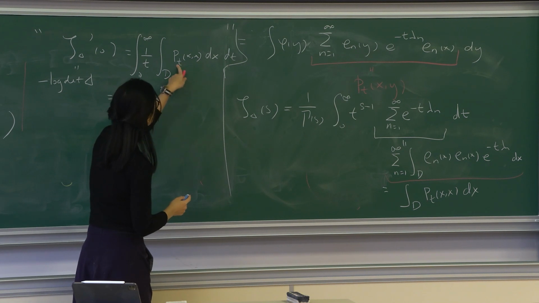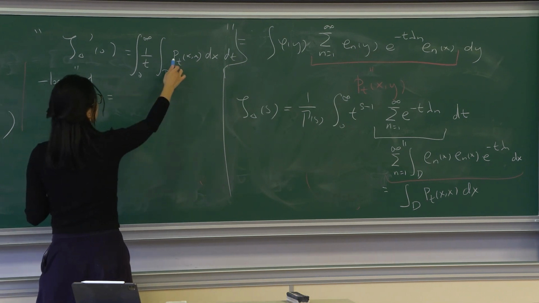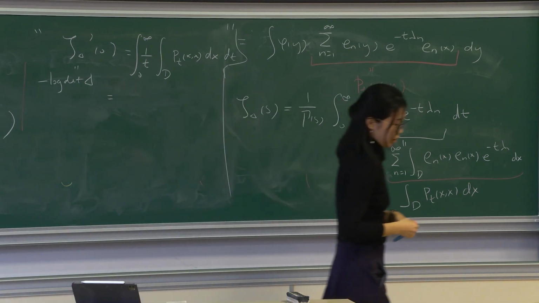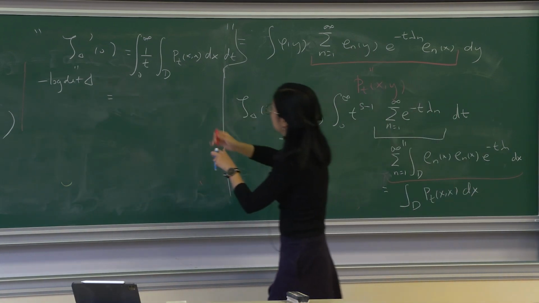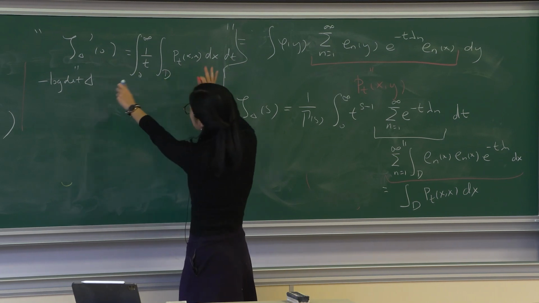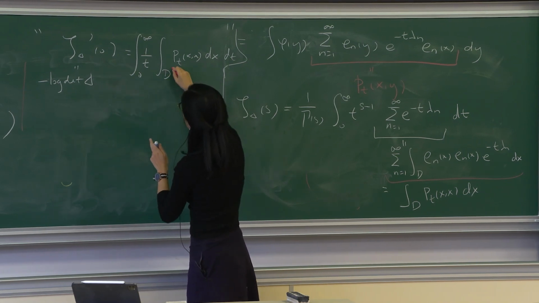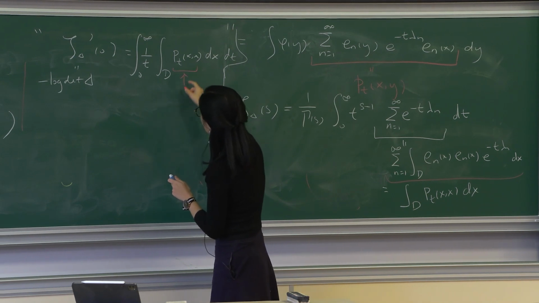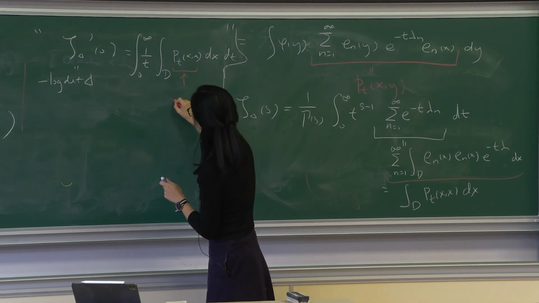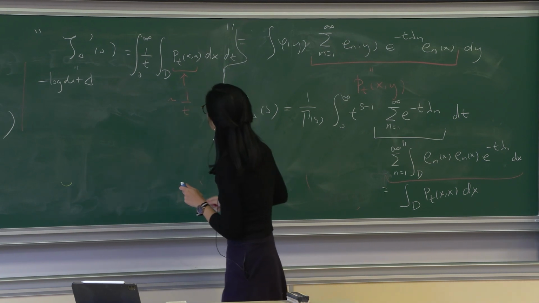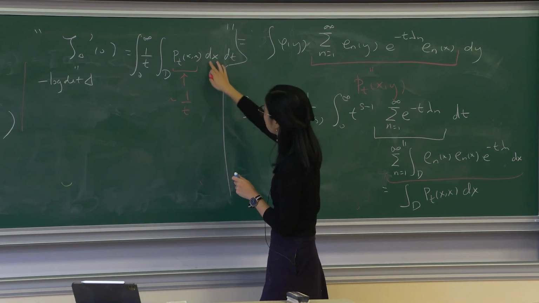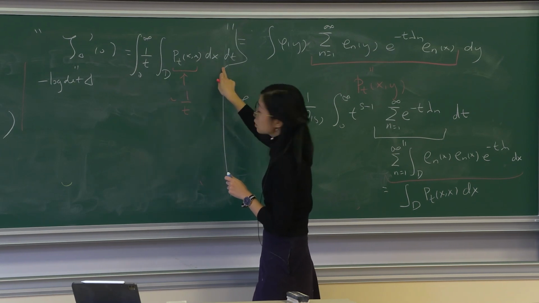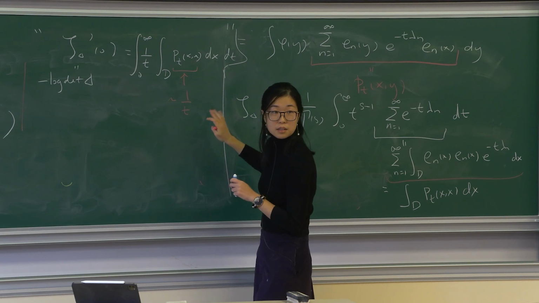So p_t(x, x), now this is a term. This equality definitely doesn't make literal sense, because if we think about the heat kernel in 2 dimensions, it behaves like 1 over t. Even without integrating this term, you would have something like 1 over t squared integrated against dt, which is not integrable.